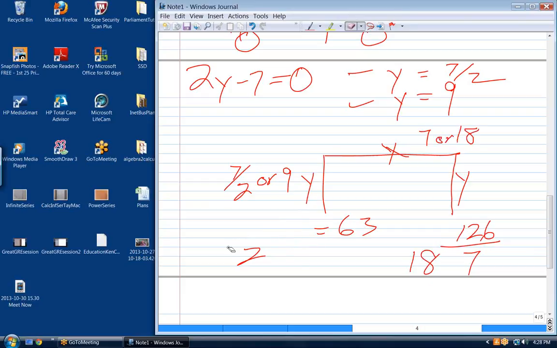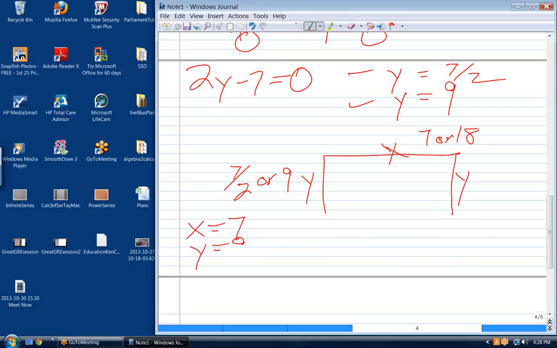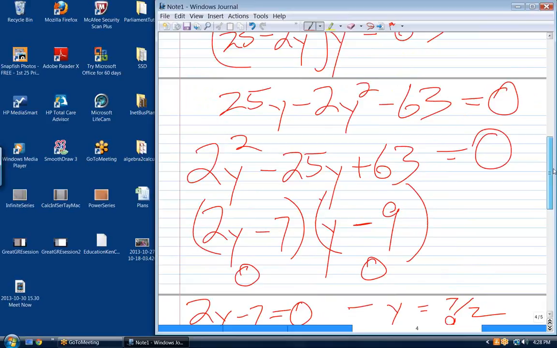In other words, there are two different possible solutions here. We can have x equal 7 and y equal 9, or we can have x equal 18 and y equal 7 halves. Notice that both of them give us a perimeter of 25 and an area of 63.